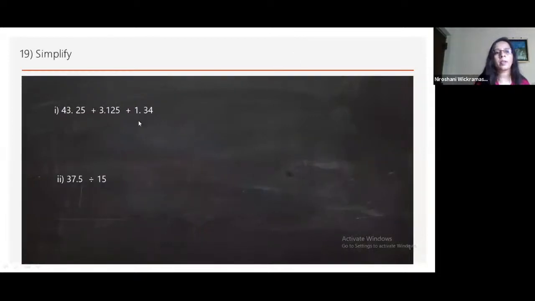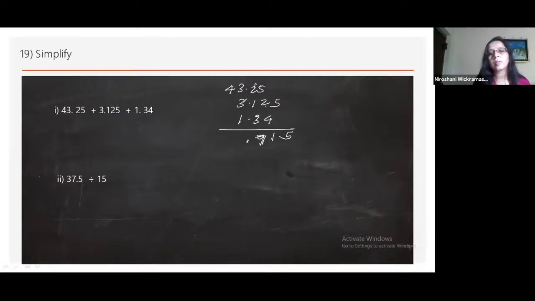Simplify. 4.3, 2.5, 3.125, 1.34. Add all of these. 5 and 5, 5 and 2, 7, 7 and 4, 11, 1 remaining, 3 and 1, 4 and 3, 7. So 47.715.